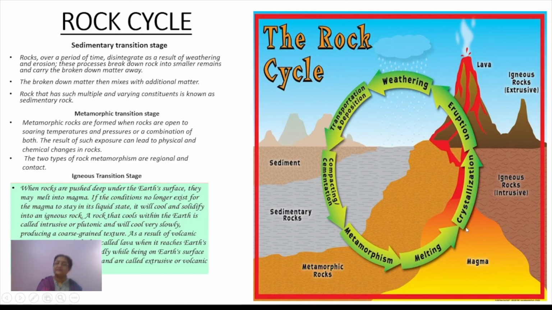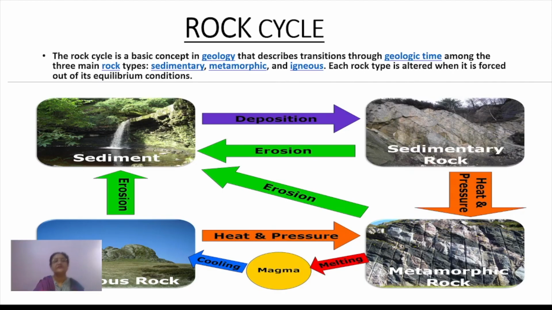Again it melts, crystallizes and erupts, that forms an igneous rock. Again it weathers, is transported and deposited, and compaction and cementation result into sedimentary rocks. So a cyclic movement continues like this. Since ages, it has been continuing like this, and this is called the rock cycle.